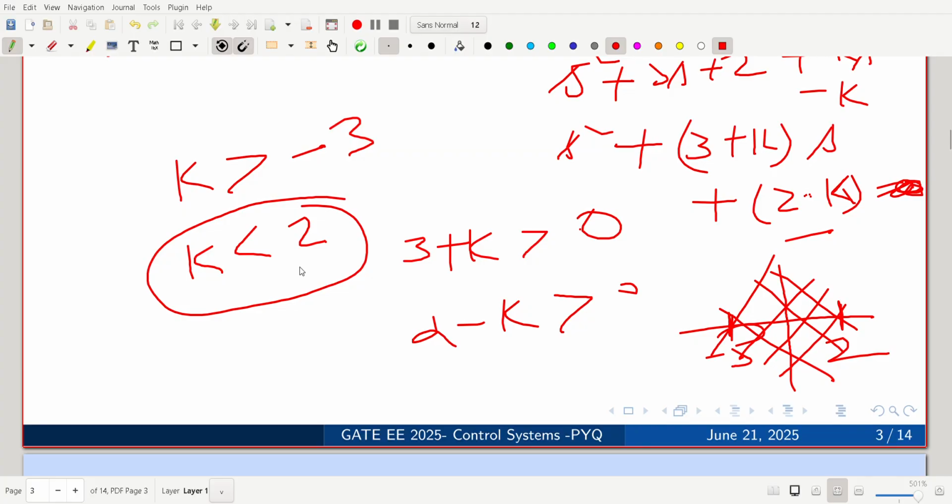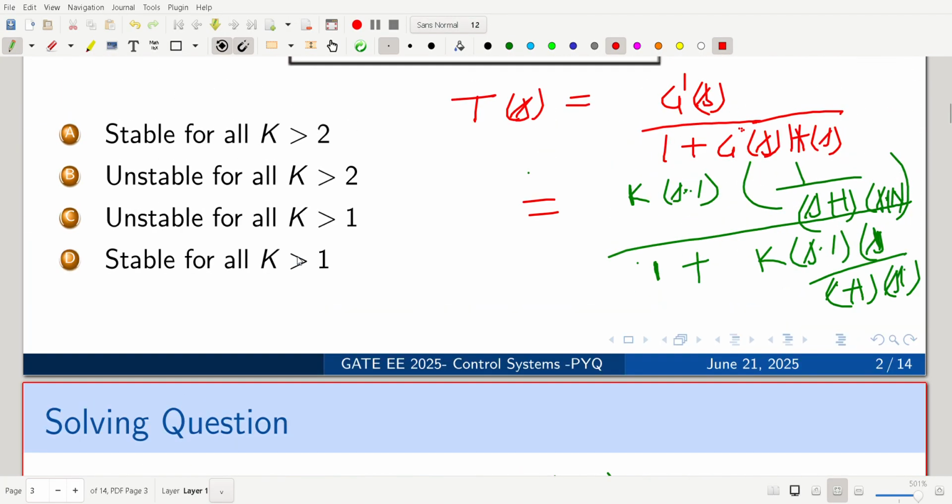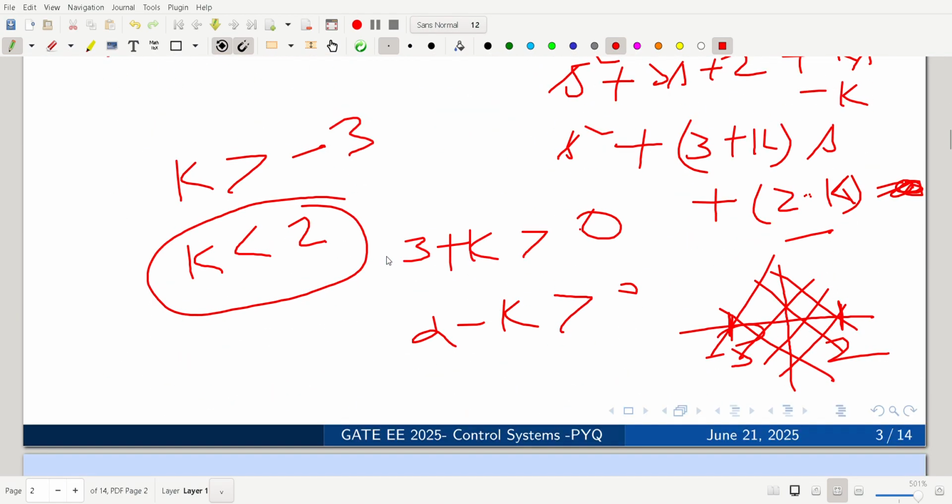All right, so let me go back to the answer options. Okay, they have given stable for all k greater than 2, no. Unstable for all k greater than 2, yes. Unstable for all k greater than 1, no. Here you can see our range is minus 3 to plus 2.